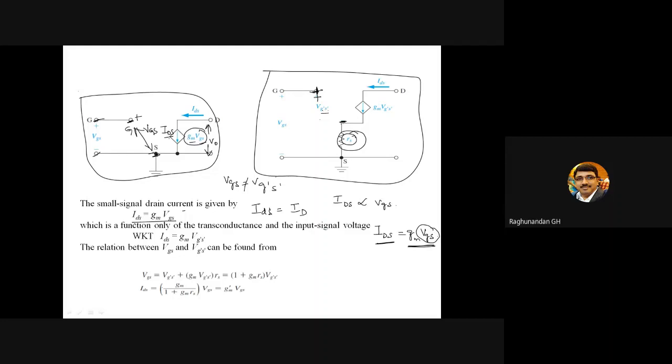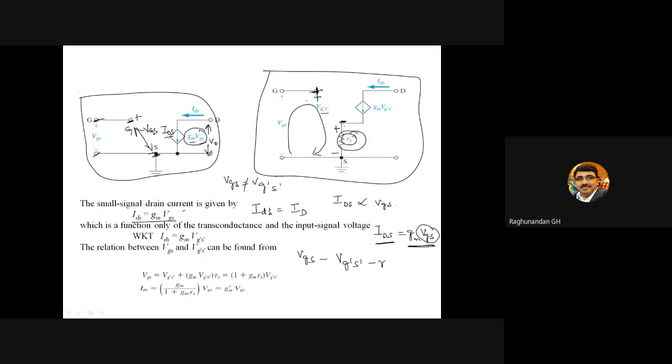Now apply KVL, starting from minus to plus VGS, after that plus to minus. So we take this loop: minus to plus VGS, after that plus to minus VG dash S dash. After that, coming here, the entering point we take as positive, the leaving point as negative.